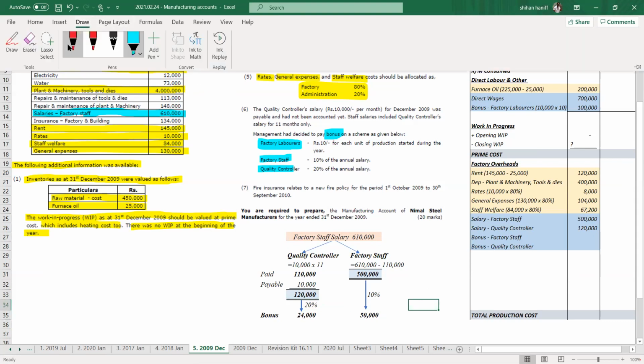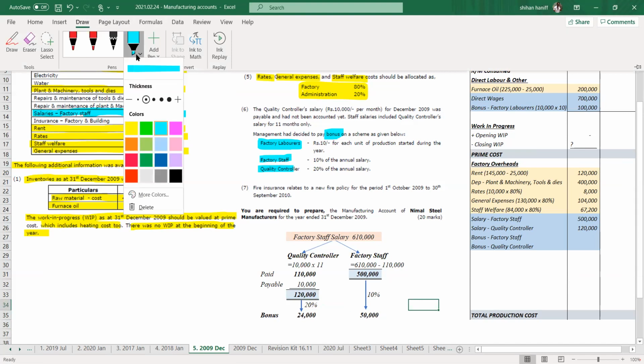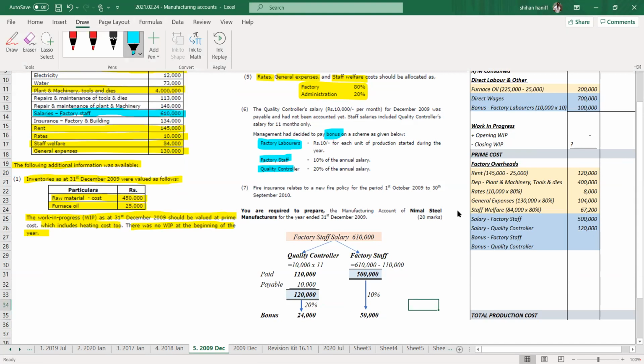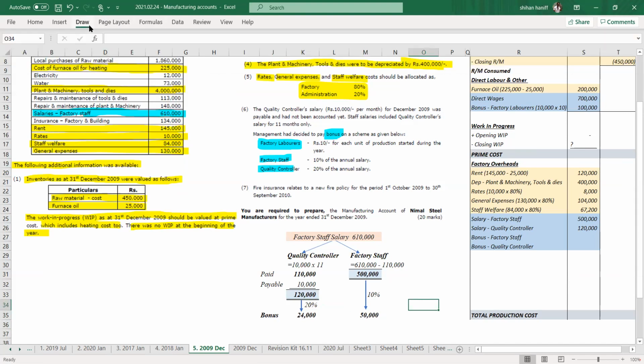Here it says factory staff 10%, quality controller 20%.